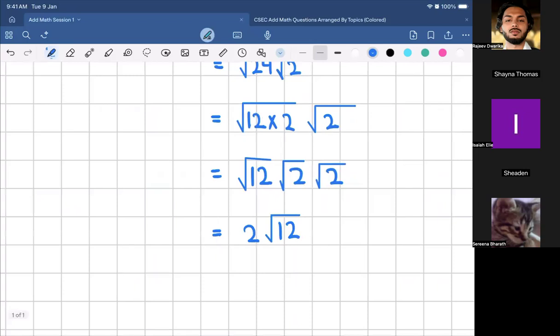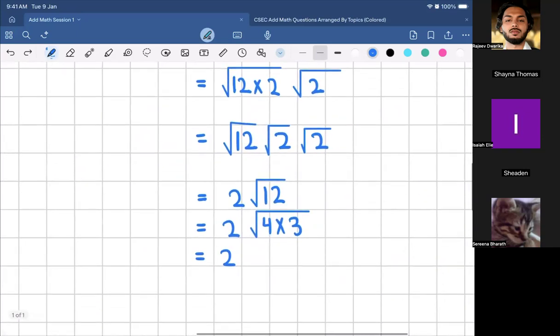Now, you could still simplify this. 12 could simplify to a product of what? How could you multiply to get 12? 3 by 4. And so what am I going to break this down into? The square root of 4 by the square root of 3.